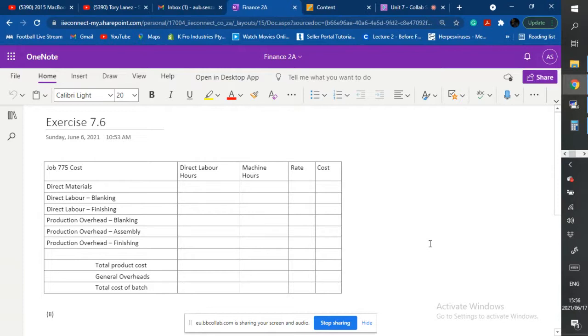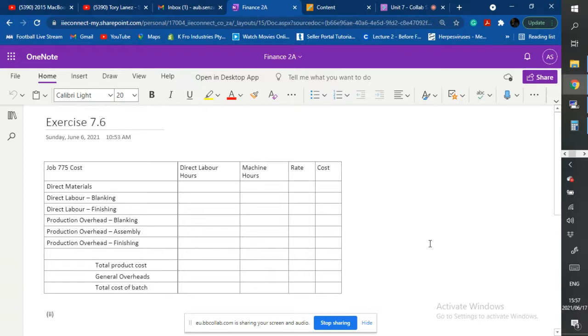For blanking, you've got machine hours. For assembling, you've got labor hours, and for finishing, labor hours as well. But can you see something interesting? They've actually calculated the absorption rates for us. They've given us the basis and the absorption rates. They didn't give us the budgeted overhead. So that has just made our lives easier.